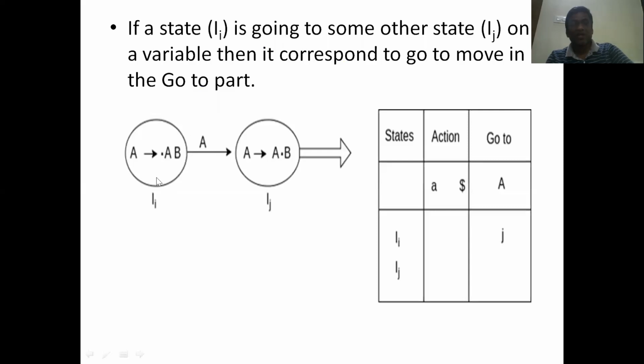So if you have a state Ii which has a transition on a variable capital A moving to Ij, then with state Ii and the variable capital A, the goto part will be written as the state number. Because it is going to Ij, you will write the state number j. So this is how we fill the goto table. For every transition on variables, we fill the goto table.